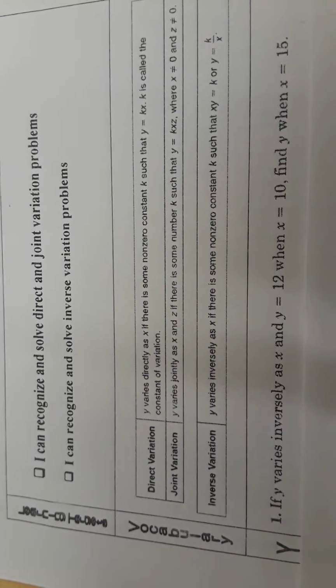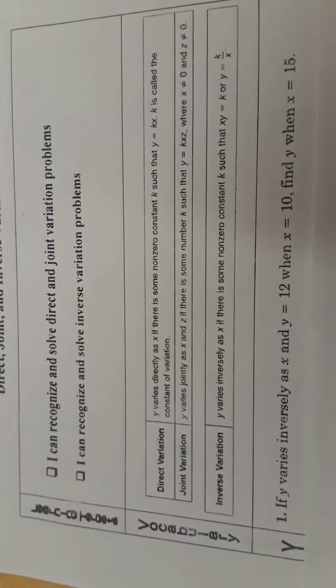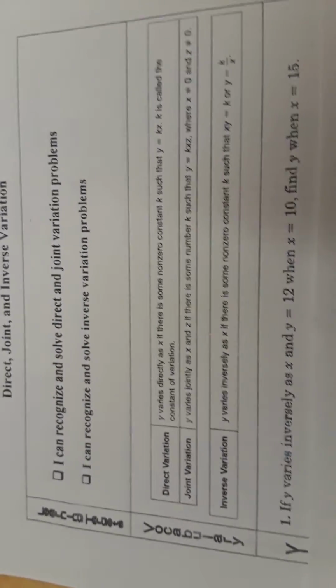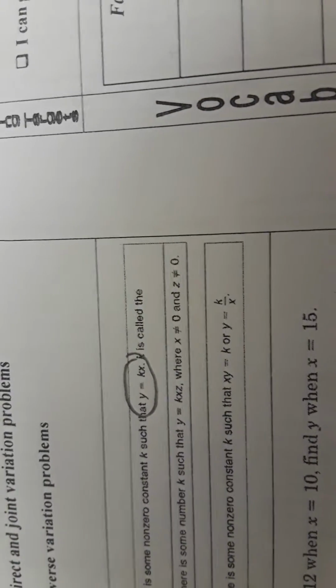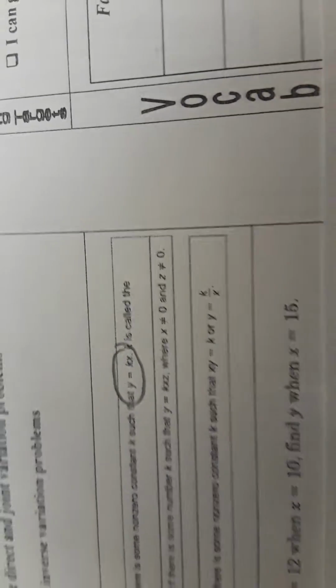What I would do if I were you is I would go into those boxes with the explanations of them, and where it says direct variation, let's circle that. So when you're doing direct variation, we're going to use that equation.